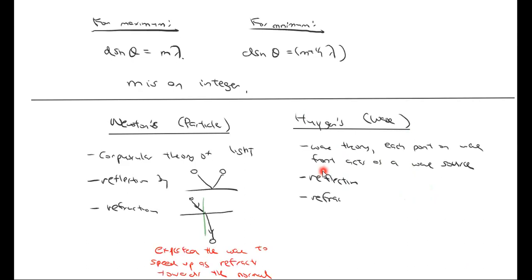Now, he would explain refraction as the wave slowing down. And so that's one aspect where, when you do these, you can actually measure the velocity of a wave. And so that's one aspect where Newton's theory starts falling apart a bit. And that gives you more evidence for Huygens.